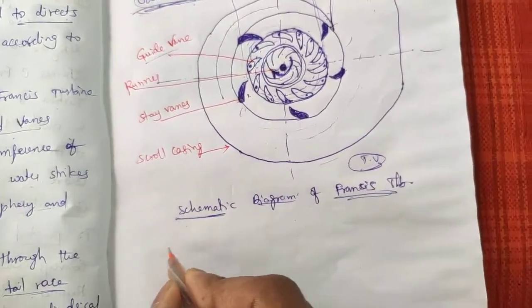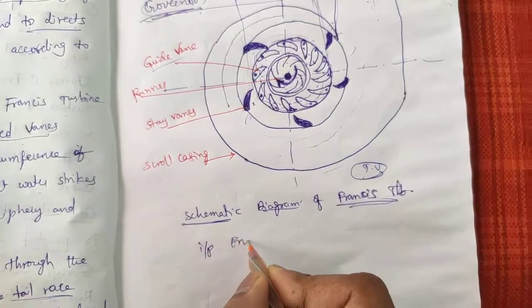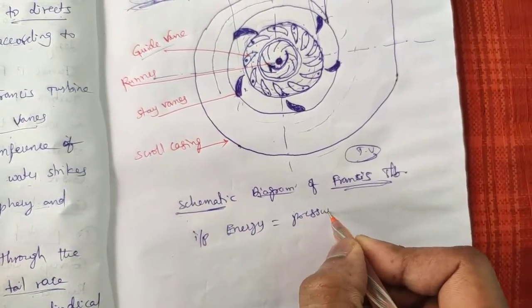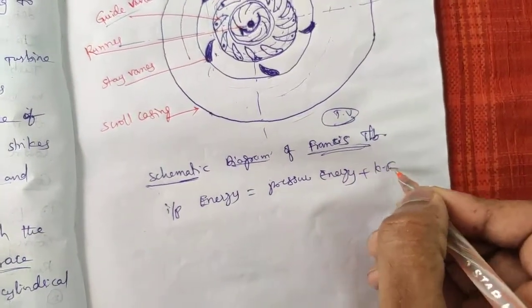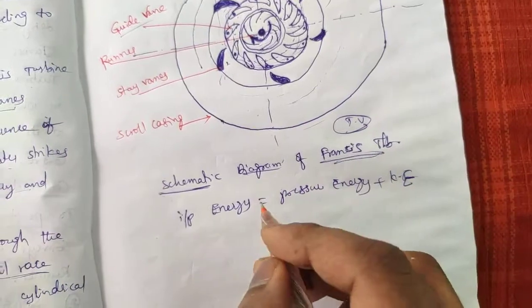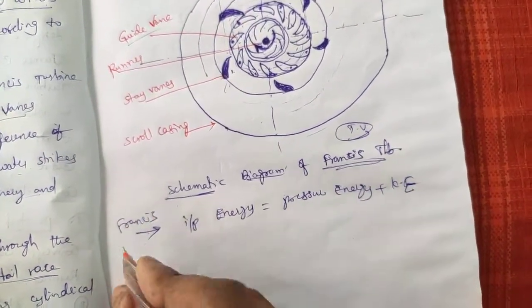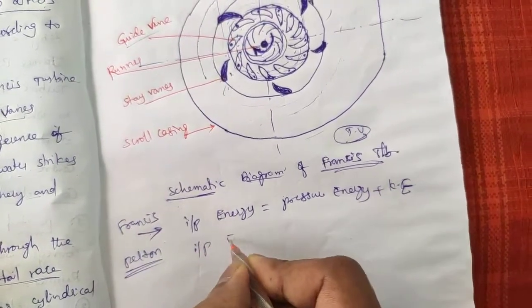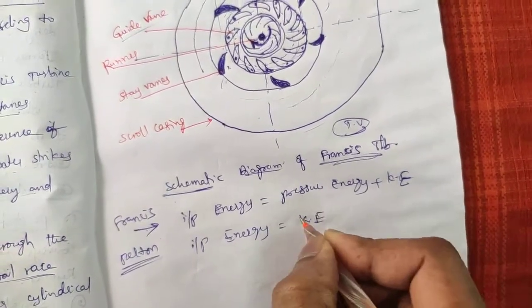Here the input energy is both pressure energy and kinetic energy in the Francis turbine. For the Pelton wheel, the input energy is kinetic energy.